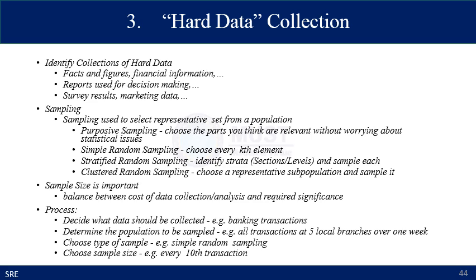Then you choose the type of the sample. For example, you can use random sampling and pick any person from the population, and then you choose the sample size. For example, every 10th transaction in the banking transaction application.